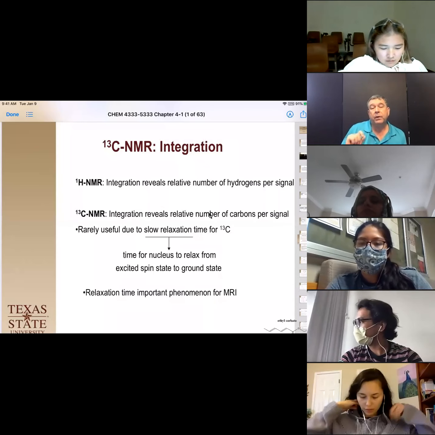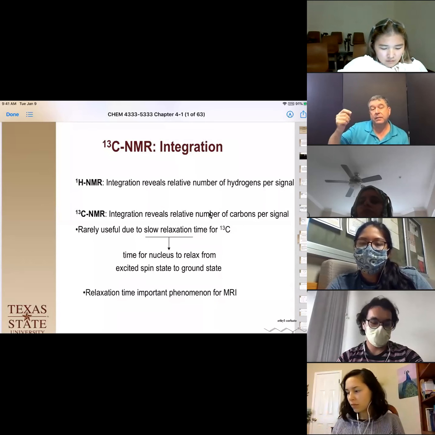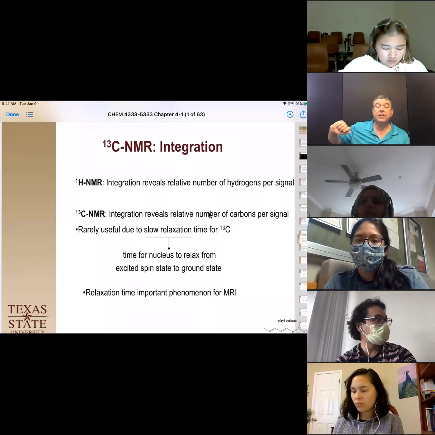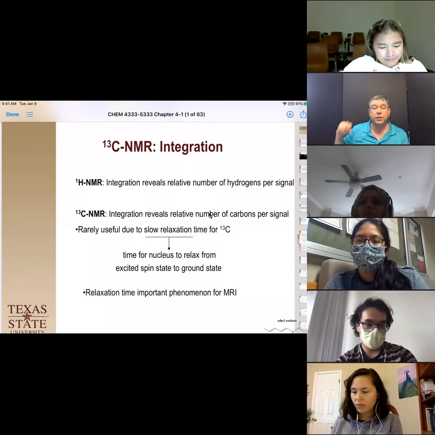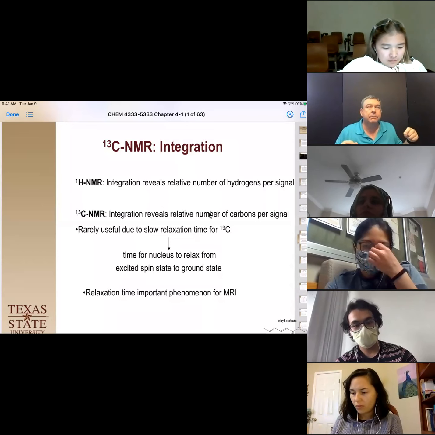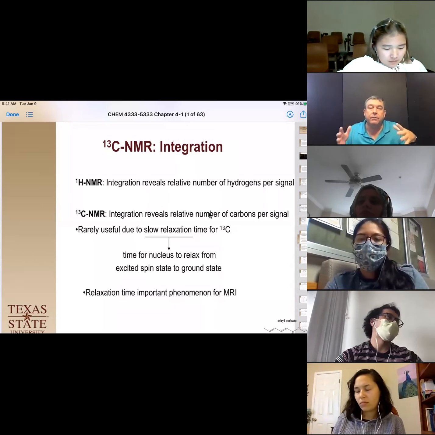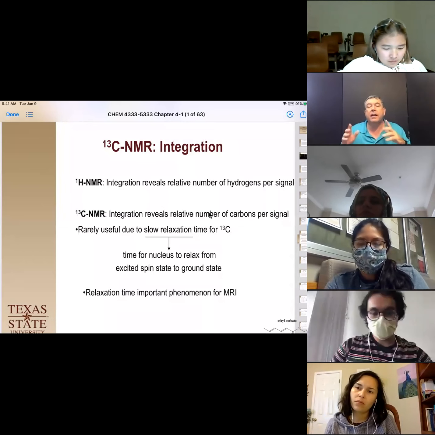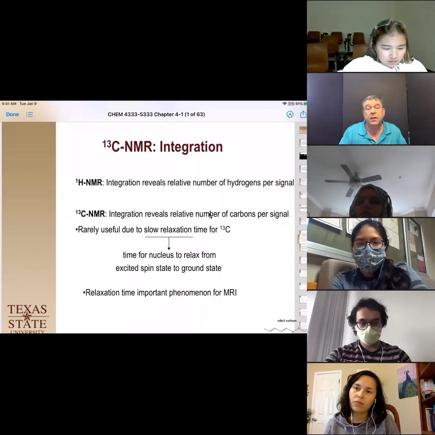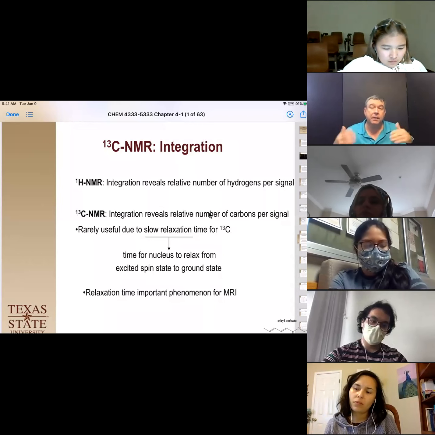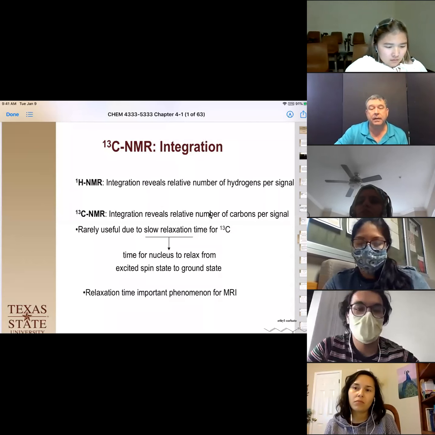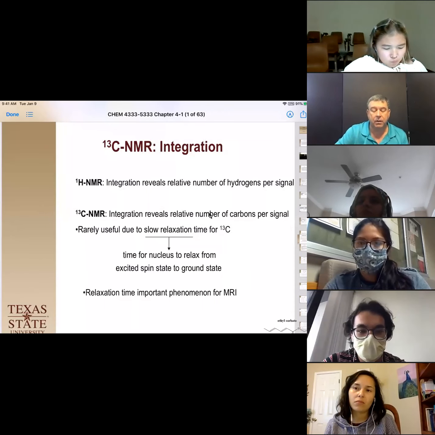Now, carbons of different types actually relax at different times, and this is really important for MRIs. When you do magnetic resonance imaging for bodies, different types of things relax, and you actually see differences in tissues. So the relaxation time is important for that. However, it's a long time to look at those in a carbon.